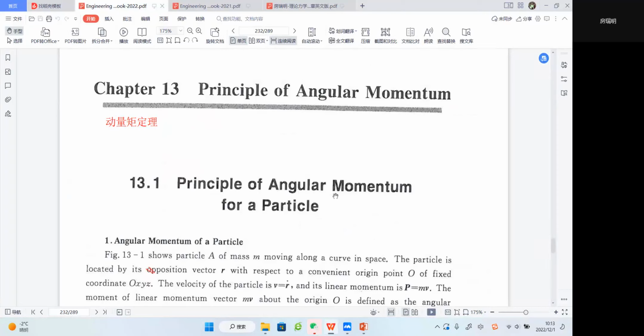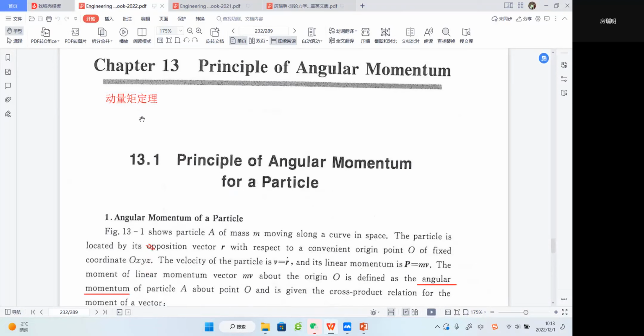So momentum is actually 动量. Do you remember we have this concept, because we use P to denote momentum, and it's equal to m times absolute velocity v, right? So that is momentum. Here, in chapter 13, we are talking about angular momentum.